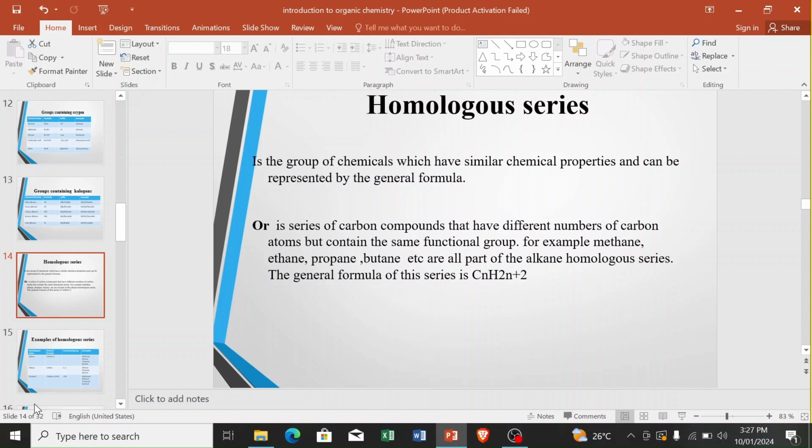That's why we needed to know functional groups first before coming to homologous series. For example, methane, ethane, propane, butane, etc. are all part of the alkane homologous series. The general formula of this series is CnH2n+2.